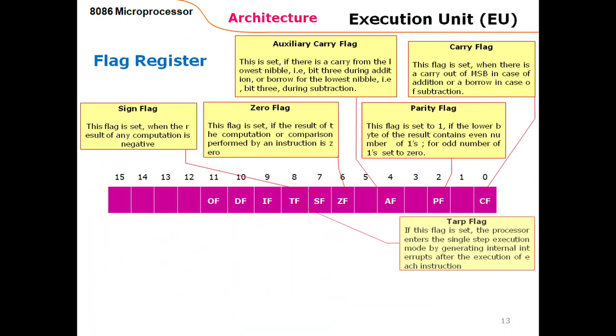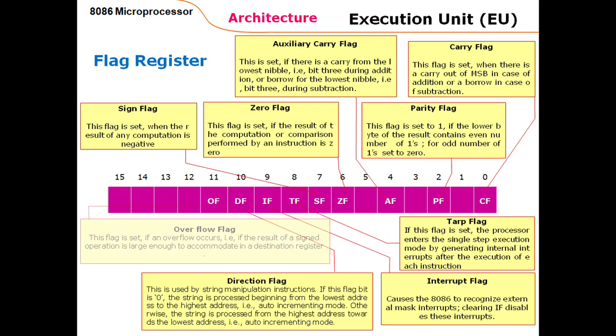And finally, we have the overflow flag. Overflow flag is set if an overflow occurs. If the result of a signed operation is too large to accommodate in a destination register, then the overflow flag is set. So, for example, if there is an addition and the result is 16-bit, while the instruction is trying to store it in an 8-bit register, then this condition is recorded using the overflow flag.